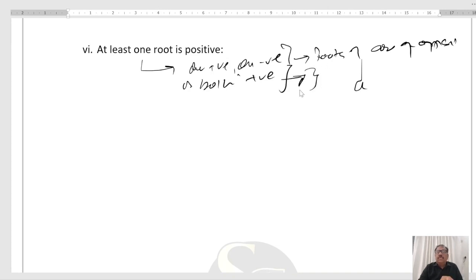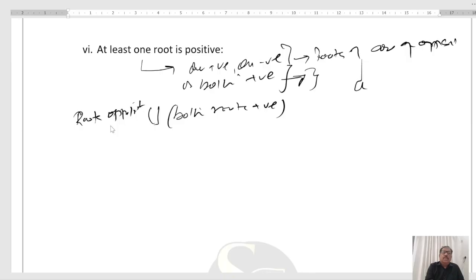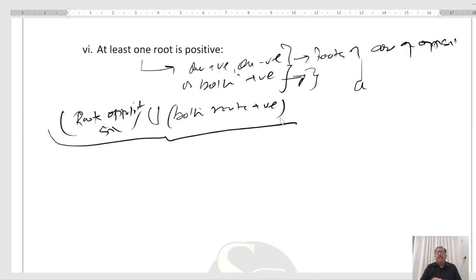In the above part, we have discussed it. So both roots positive, or union, roots opposite in sign. We will take the union of all these.